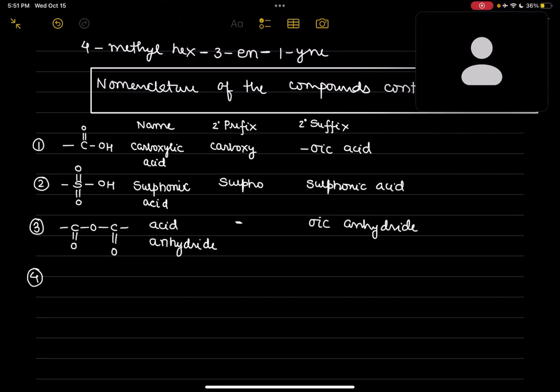After carboxylic acid anhydride, we have esters. Carboxylic acid has OH. Esters have O and an alkyl group on it. So these are esters.